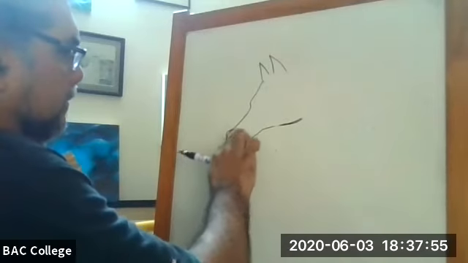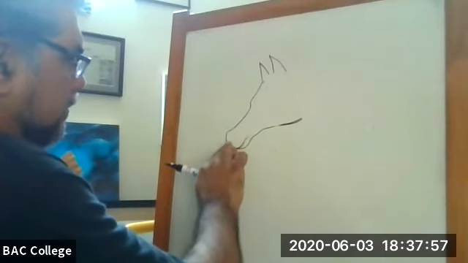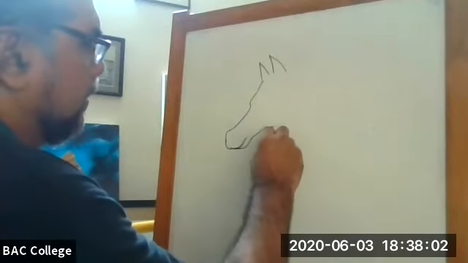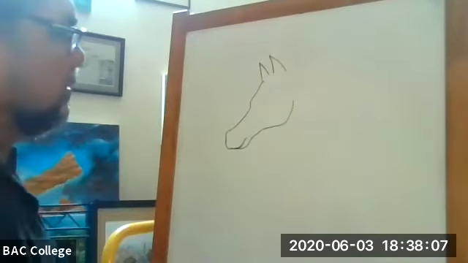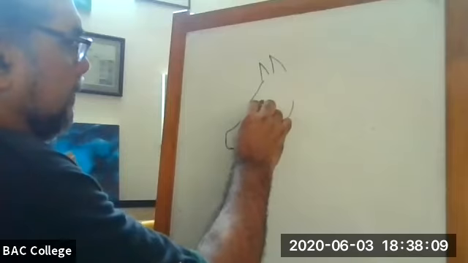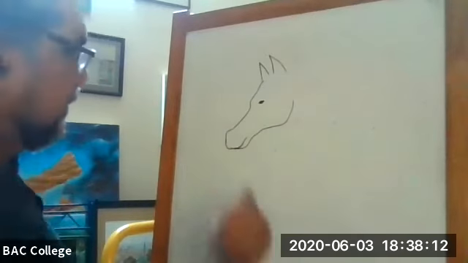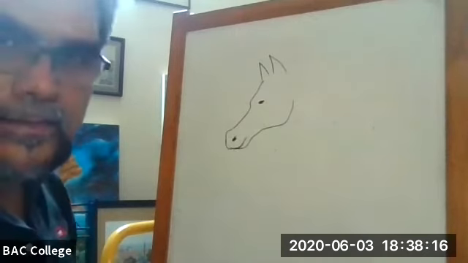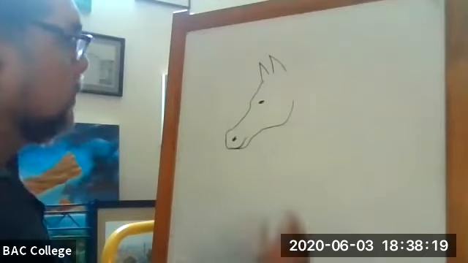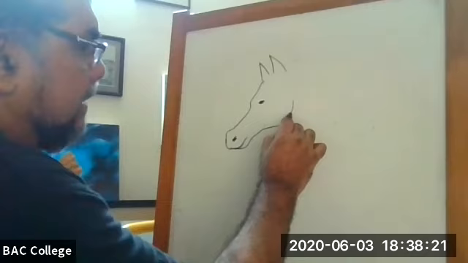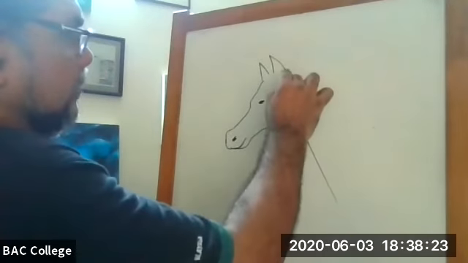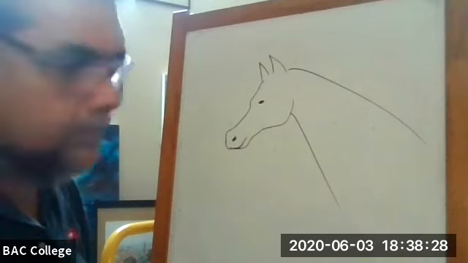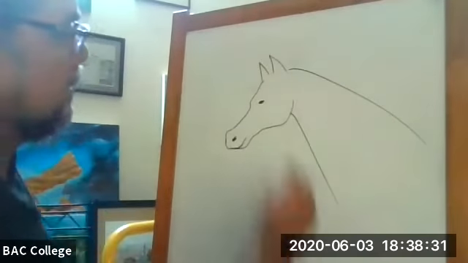Okay, this one is a bit too big, and so I'm going to make it a little bit shorter. Okay, and the eyes, and you can see one part of the nose you can see here, right? And then the neck starts around here. And this one goes out this way. Okay, it's a bit big here, but we can adjust it afterwards.